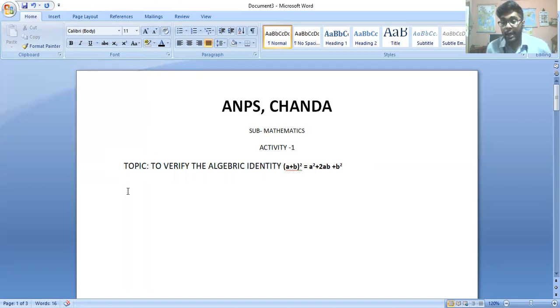We have already shared the PDF document in your WhatsApp group. There you have the idea how to do it. But here I'm going to discuss the hands-on working principle, that means what to paste in our copy.